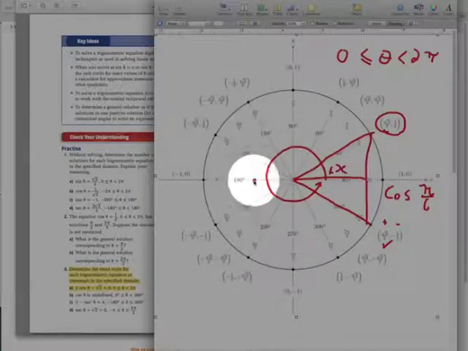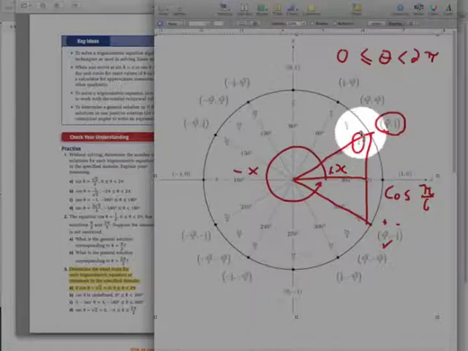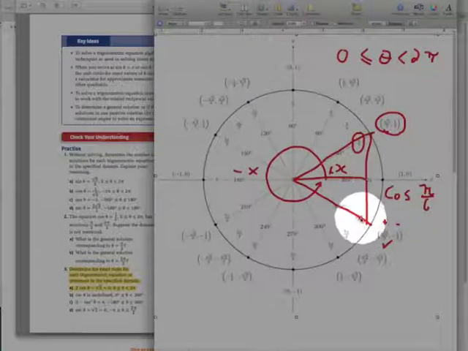None of these answers would be valid because that's your negative x in that direction over there. So the positive responses that you're going to get will be pi over 6, which I just took from the circle.